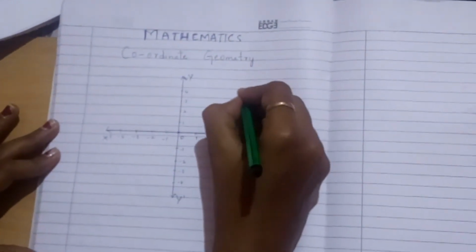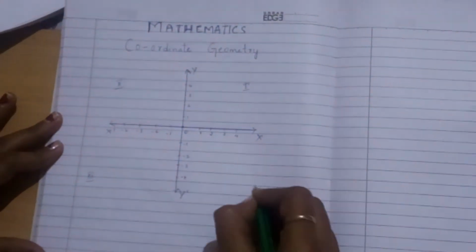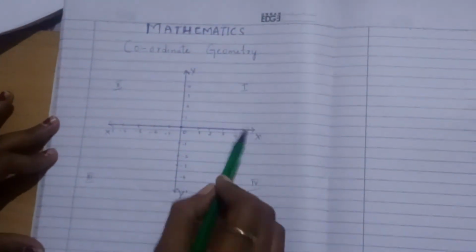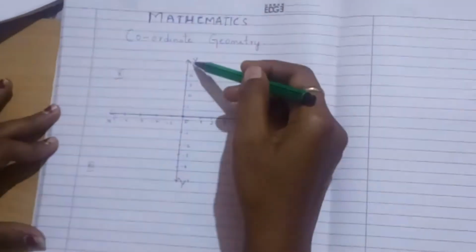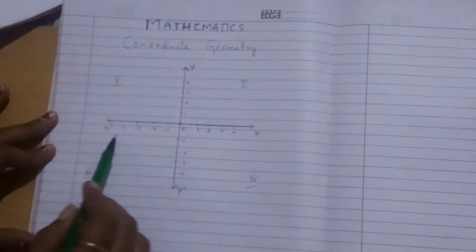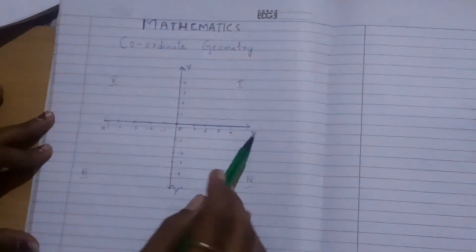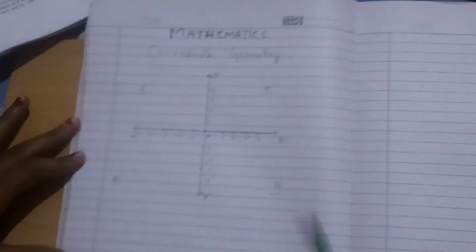That is, this is the first quadrant, this is the second quadrant, this is the third quadrant, and this one is the fourth quadrant. Usually the x-axis is named as x and x dash, and the y-axis is named as y and y dash. Usually x dash and y dash consist of negative elements, and x and y consist of positive elements.